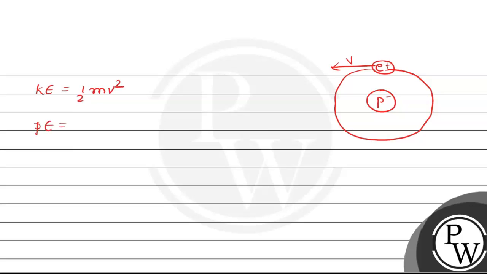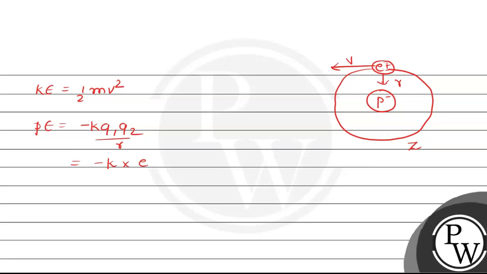Moreover, the value of potential energy we can write: this positron is experiencing some force of attraction, and it is at distance r. So for that we can write the potential energy as k q1 q2 upon r, where q1 represents charge on positron and q2 represents charge on antiproton. Let's say this is an atom of atomic number Z. So charge on positron we can write as e.